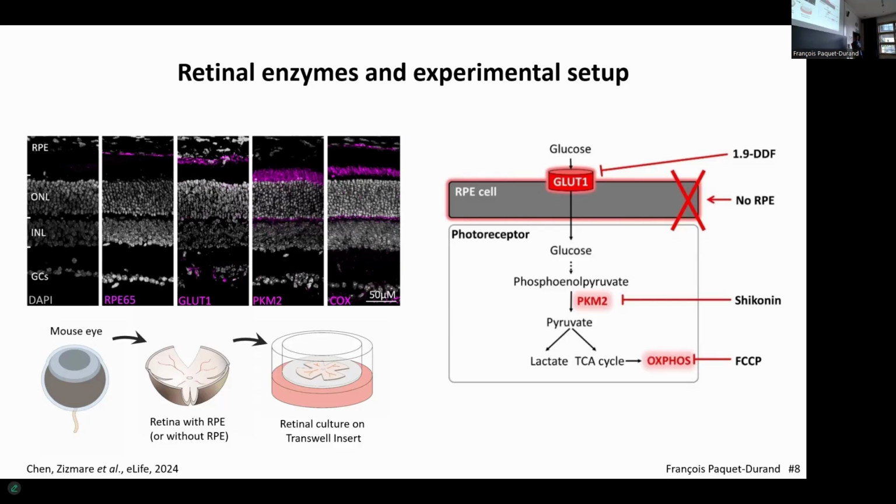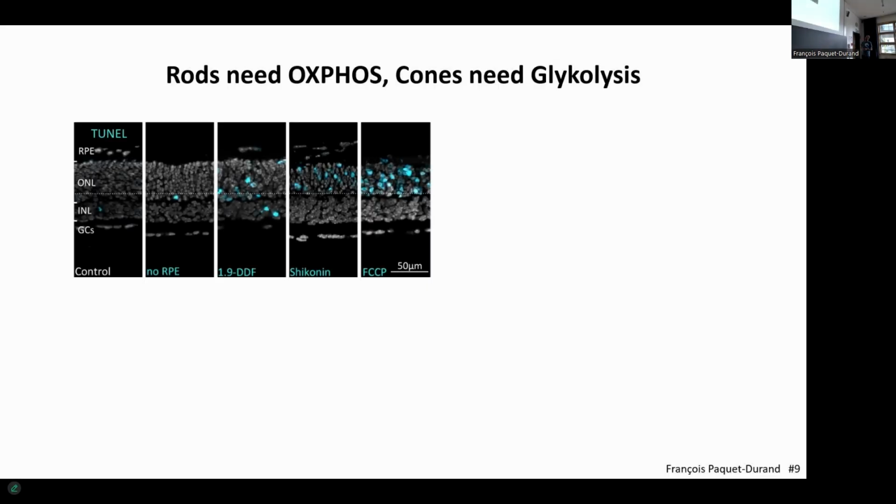The question is, if we manipulate these metabolisms, if we block glycolysis, if we block oxidative phosphorylation, what happens? The first thing we looked at was cell survival. To analyze this, we used the TUNEL assay, a label for dying cells, shown here in magenta.